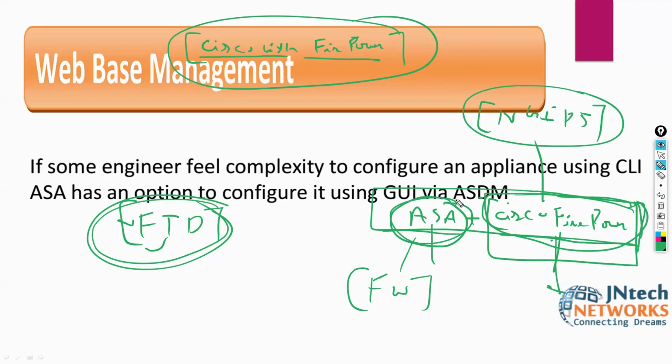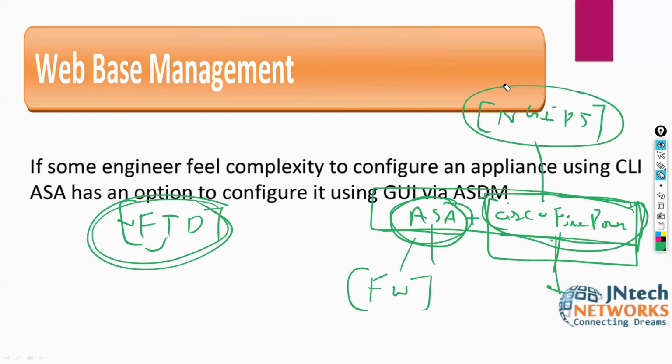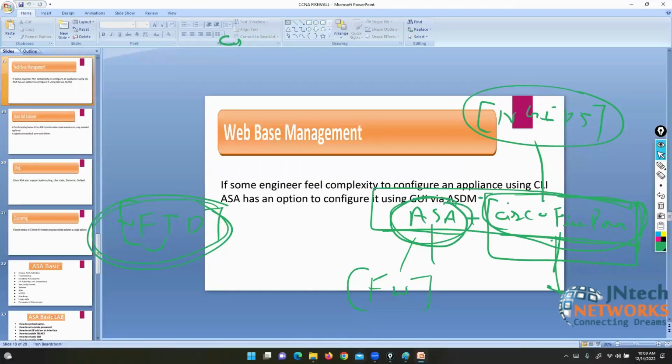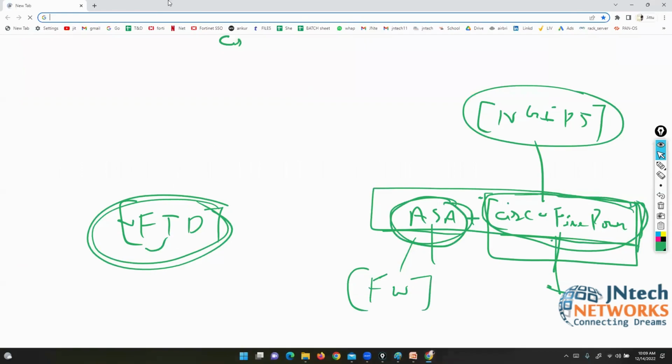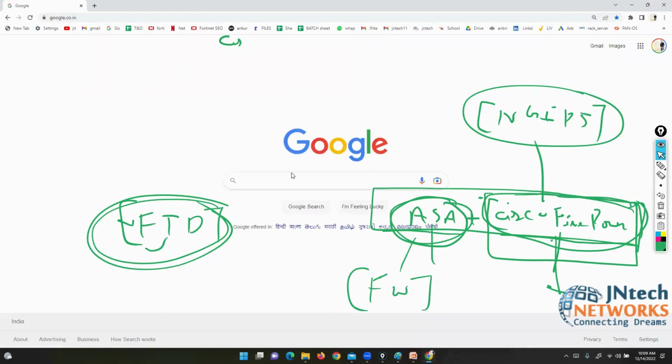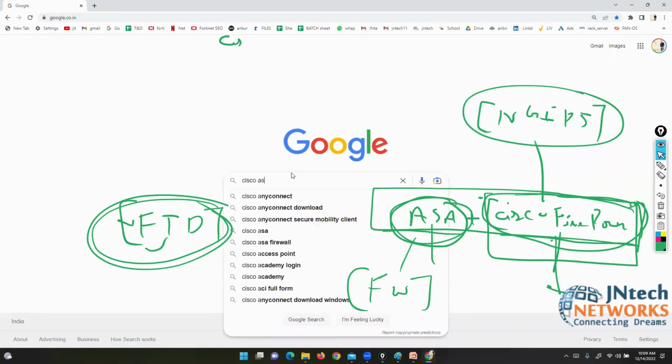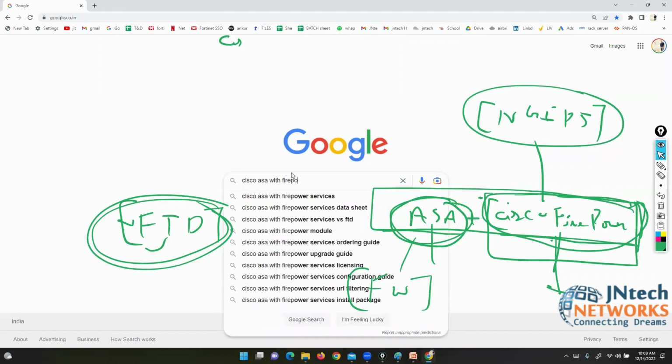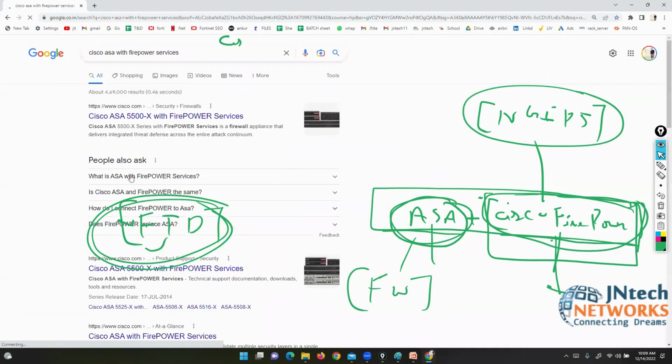But you know, in Cisco, they provide you a box. Wait. They provide you Cisco ASA. Let me show you an example. For example, you don't want to purchase FTD because the cost is very high, but you want to utilize the Cisco Firepower feature. So you can go with the Cisco ASA with Firepower. For example, Cisco ASA 550X.